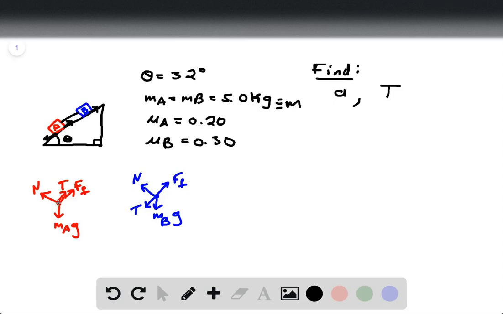So it's probably convenient to define a coordinate system so that at least two of these forces are along the axes. So I'll make the coordinate system for both of these like this, the normal force going up in the y direction, and the friction force going in the positive x direction.